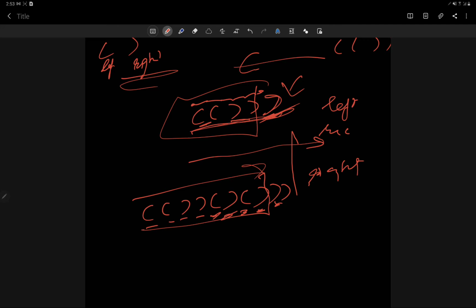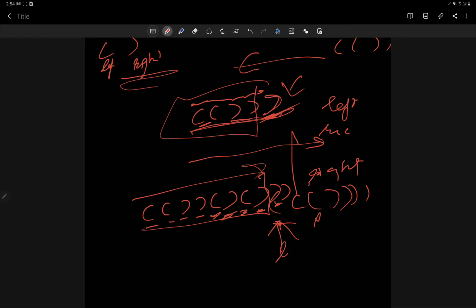Suppose we encounter this case, we don't know at any point that we will find a right further until we reach the end. So the case of left greater than right can't be handled here, because we don't know at the particular position whether we are going to find a right or not.